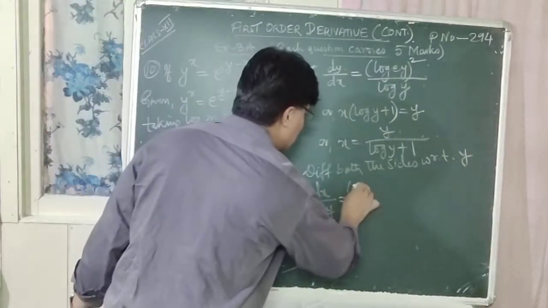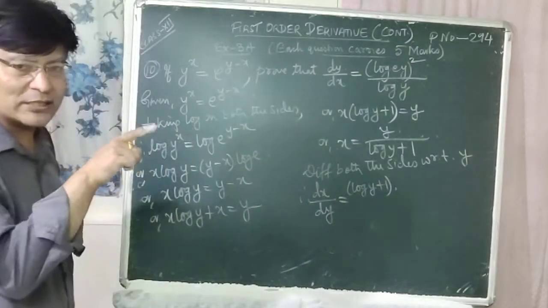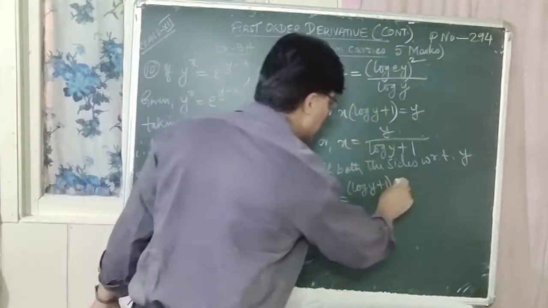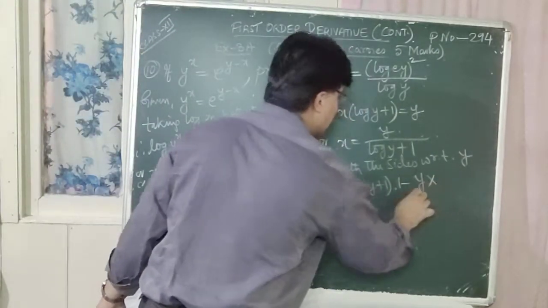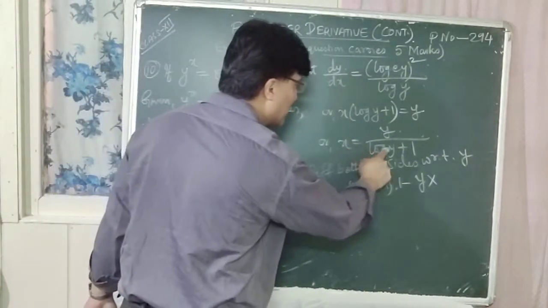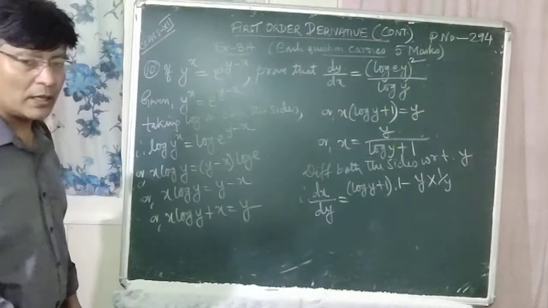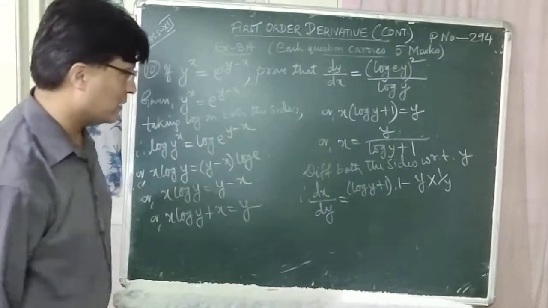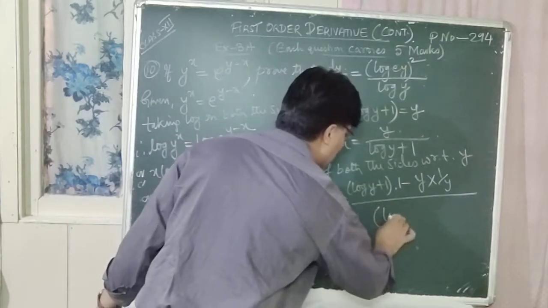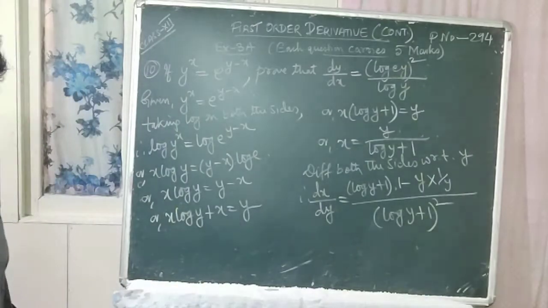So the denominator is kept as it is, you know the u by v rule, log y plus 1 is kept as it is into d by dy of y, where we are differentiating y with respect to y, that is 1, minus y is kept as it is into the derivative of the denominator with respect to y. What is d by dy of log y plus 1? Log y gives 1 by y, plus 0. And 1 by y plus 0 is always 1 by y. Whole divided by log y plus 1 whole square. Is that clear?